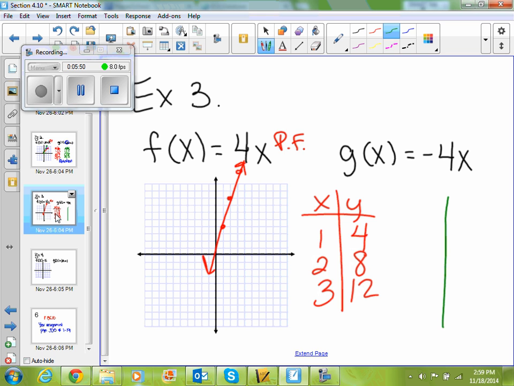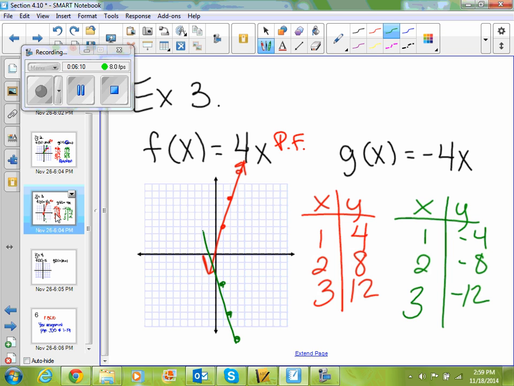If I look at my second function, g of x equals negative 4x, 1 times negative 4 is negative 4, 2 times negative 4 is negative 8, 3 times negative 4 is negative 12. So 1, down 4, down 8, down 12. Perfect, so that's a reflection.